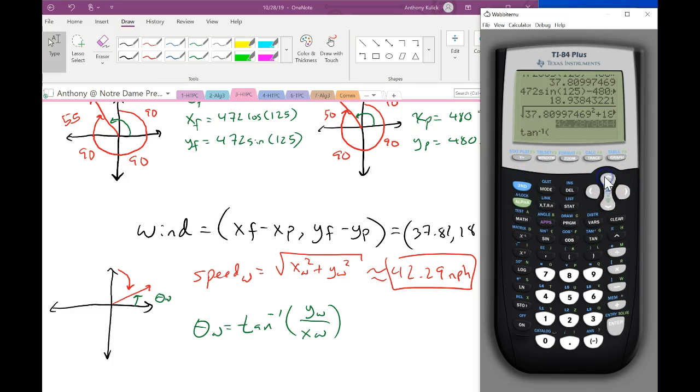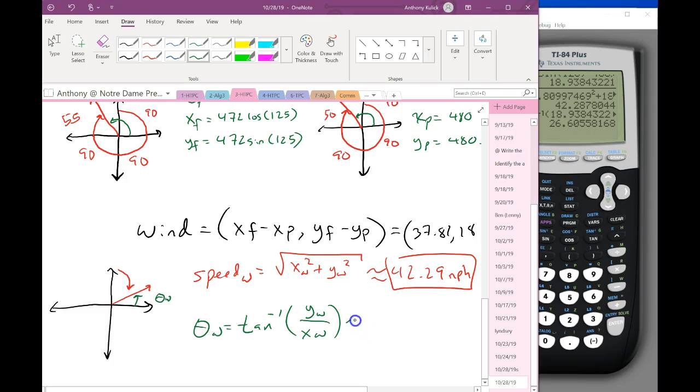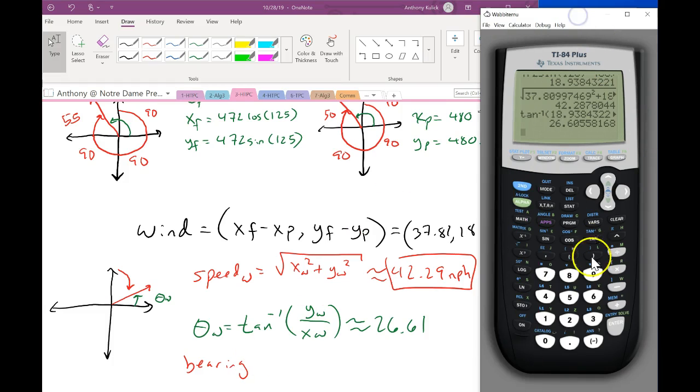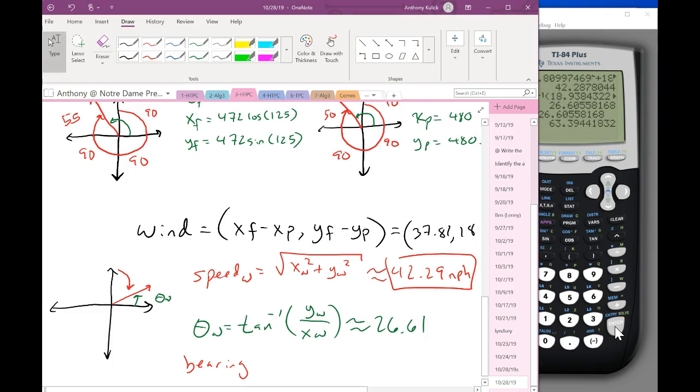So tan inverse y over x, which is 26.61. So in this case, our bearing is going to be 90 minus that. Obviously, just the complement. We can see that easily from our picture. So 63.39.